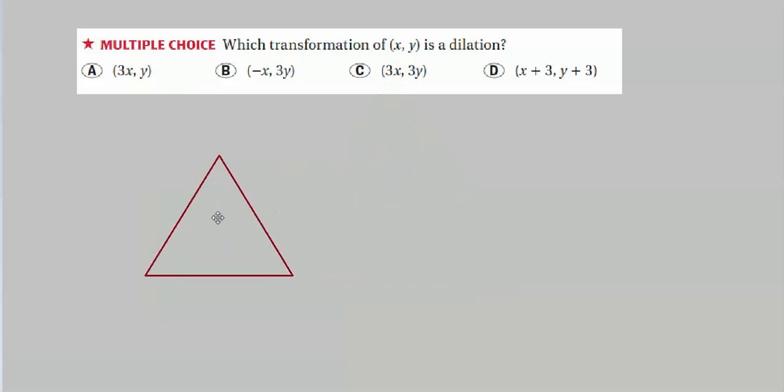Definitely not a dilation. What about these? Well, these do multiply. But remember, everything has to expand or contract according to the same factor. For instance, if I use this one, this would be multiplying in the horizontal direction, but not in the vertical direction.